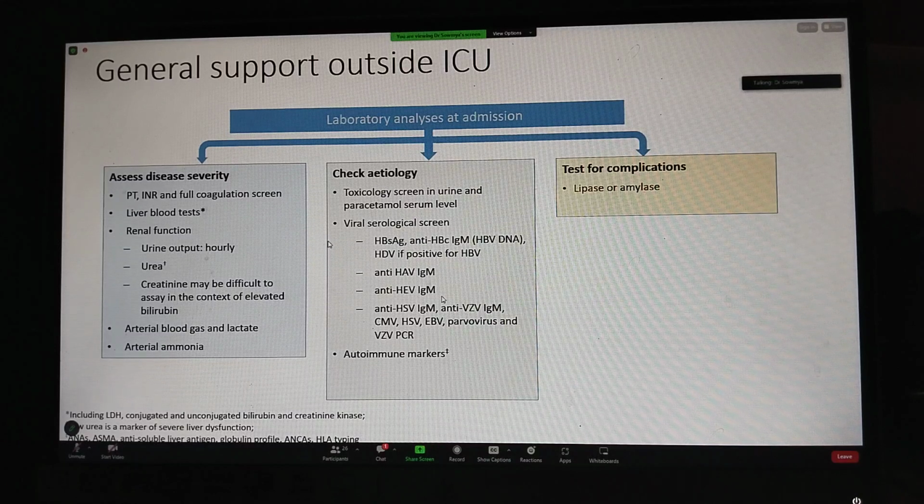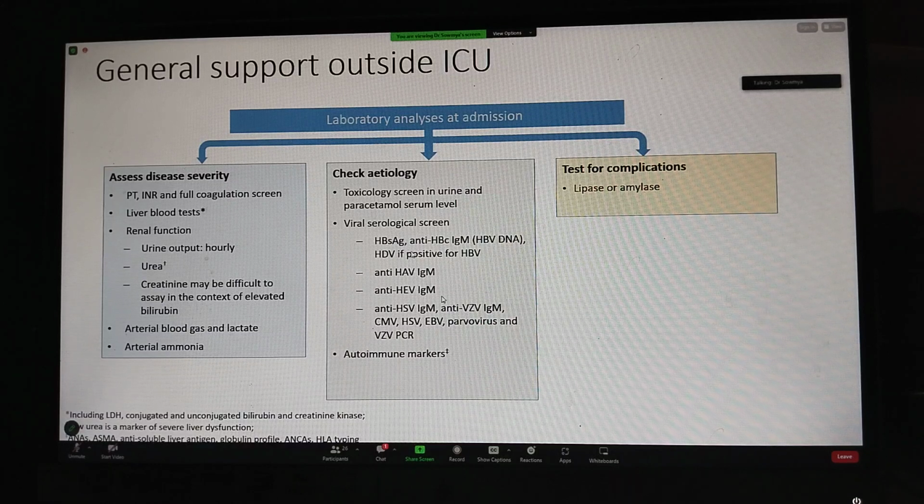The etiological workup should include a toxicological screen, especially where paracetamol is available over the counter. There is a high risk of suicidal attempts using paracetamol, and other drug-induced liver injuries are common in the Indian scenario. So a toxicology screen should be done in these patients.